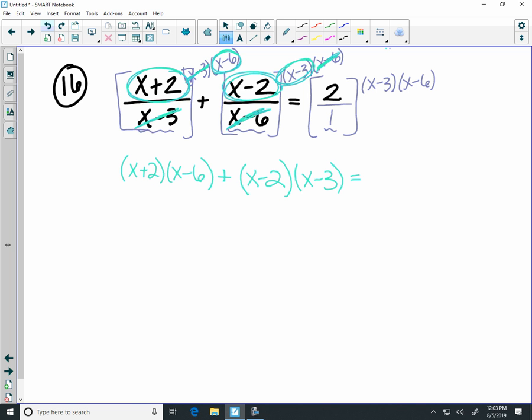On the other side of the equal sign, I have a 1 in the denominator, so nothing cancels.